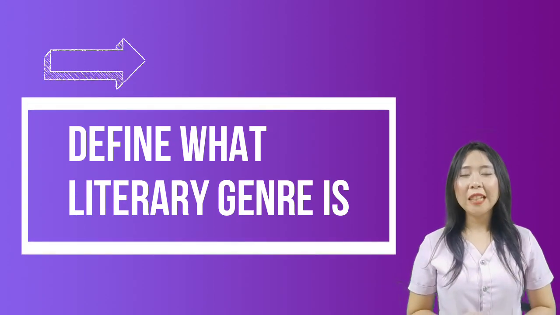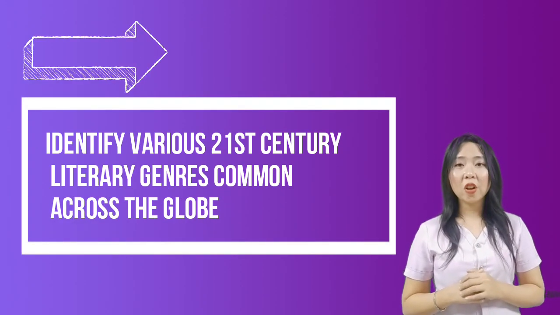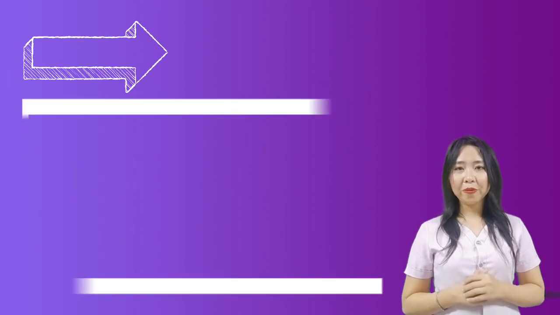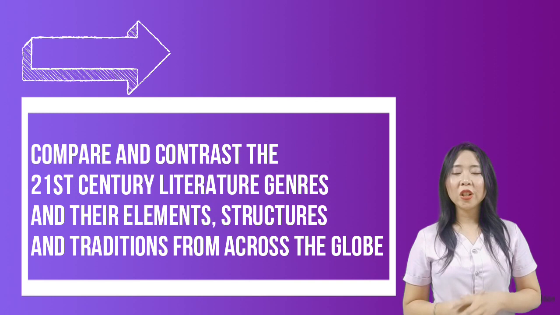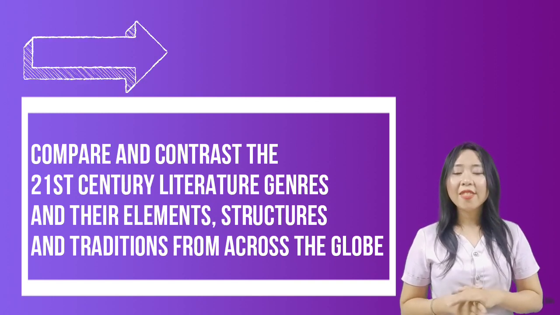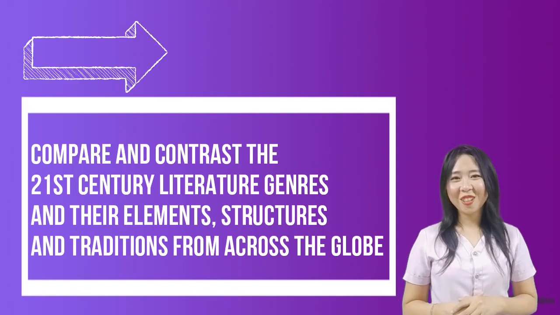At the end of this lesson, you are expected to, number 1, define what literary genre is. 2. Identify various 21st century literary genres common across the globe. And number 3, compare and contrast 21st century literature genres and their elements, structures, and traditions from across the globe.